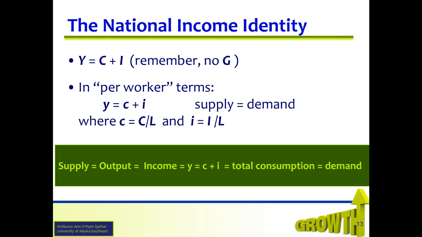And our national income identity still holds. Supply is equal to output, is equal to income, is equal to little y, is equal to little c plus little i, which is equal to total consumption, which is equal to demand. It's the same thing, nothing has changed, except we've now translated all our equations into per worker units.